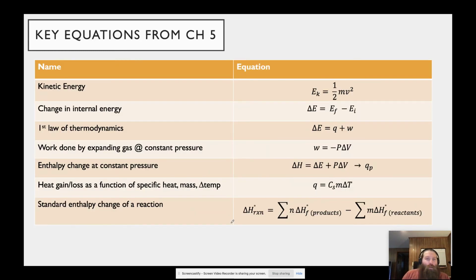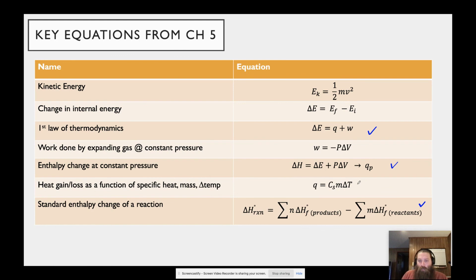So looking at chapter 5 as a whole, these are the big equations that you need to know. Now, a couple in here I didn't work, right? I did work this one. I just now did one of those, okay? And we actually ended up looking at enthalpy change at constant pressure, but we did it with our brackets, which is the easier way to do it. But this is the equation that you need.